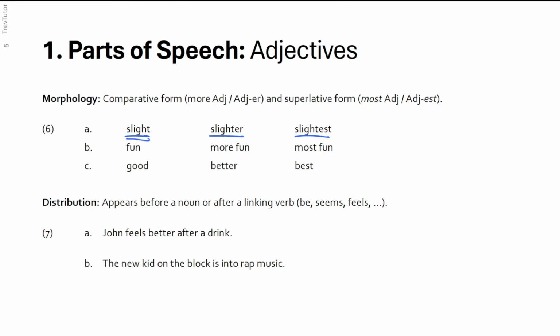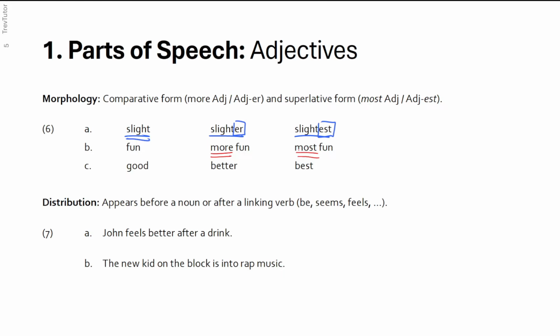So each of these suffixes ER and EST tell us that we have an adjective here. They can appear in adverbs too. Some adjectives like fun might require not an ER or EST form, but more or most. So we call these paraphrastics, and they can modify adjectives to give them those comparative or superlative forms.